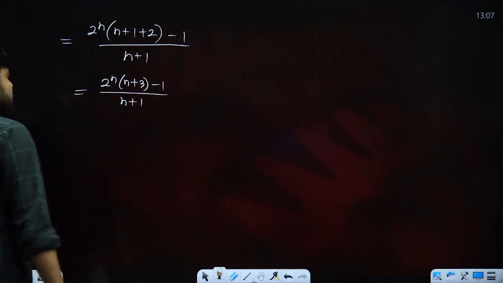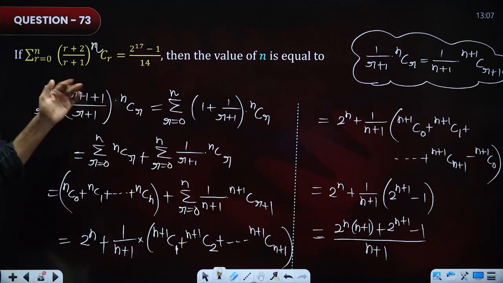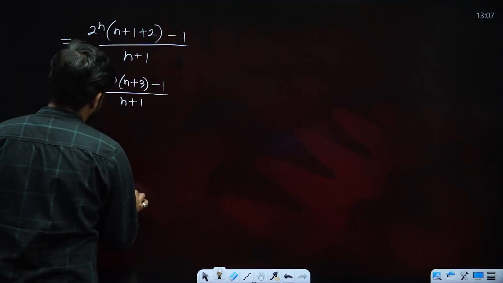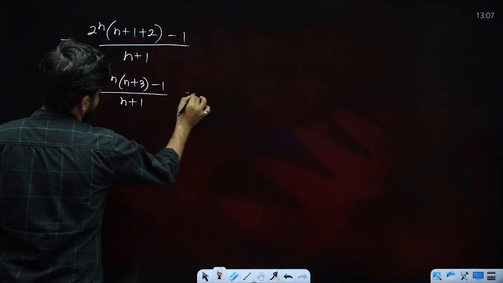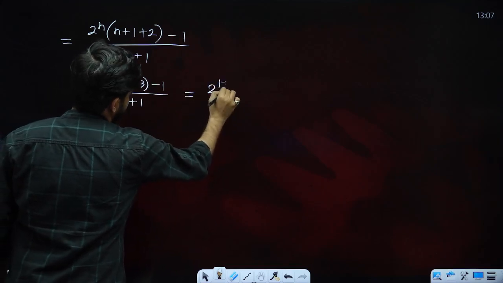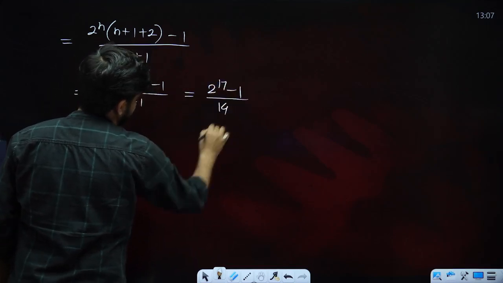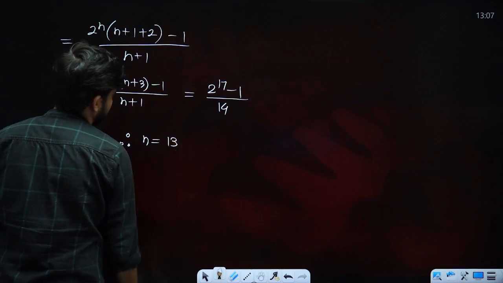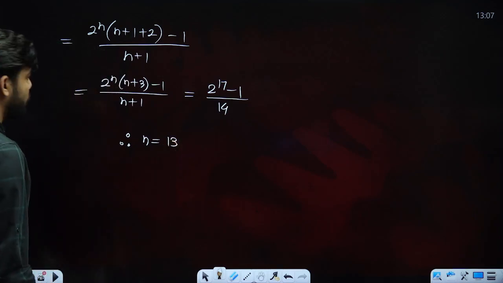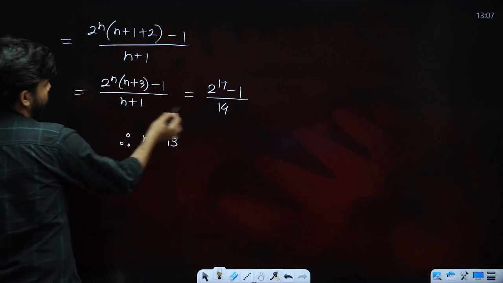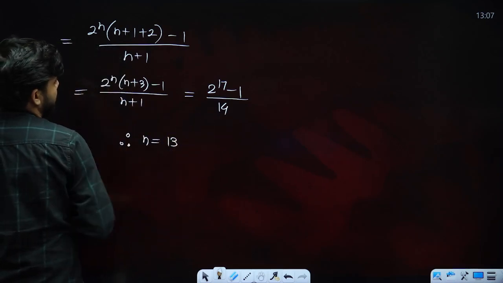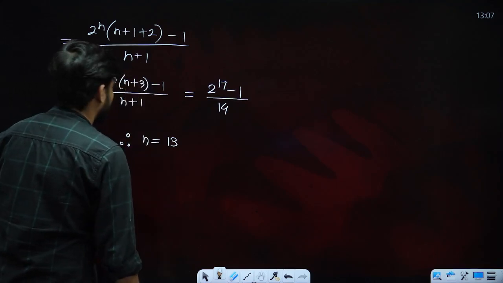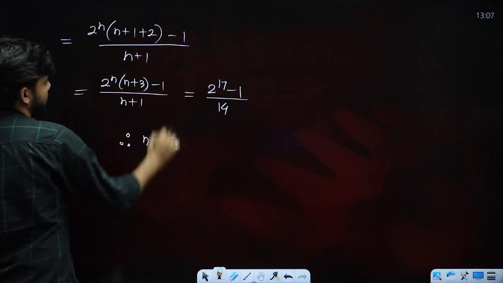Okay, let's try to find the value of n. Which values satisfy the condition? Because it is equal to (2 raised to 17 minus 1) upon 14, we can say that if I put n equals 13, yes, if I put n equals 13, we get 14 over here, 13 plus 3 is 16, so we get 2 raised to 4, and 13 plus 4 is 17.